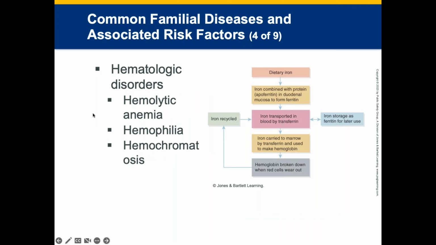You have hematologic disorders like hemolytic anemia, which is characterized by an increased destruction of red blood cells. The disorder has a number of causes, such as Rh factor blood transfusion reaction, a disorder in the immune system, and exposure to bacterial toxins or chemicals such as benzene.